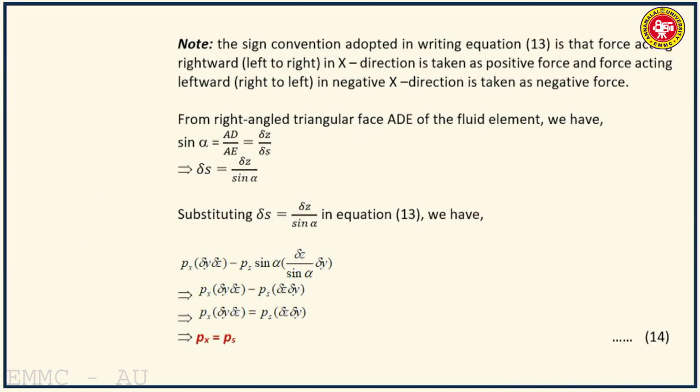The sign convention adopted is the same as in the previous derivation in module 1. The force acting rightward, left to right in x direction, is taken as positive, and force acting leftward, right to left in negative x direction, is taken as negative.